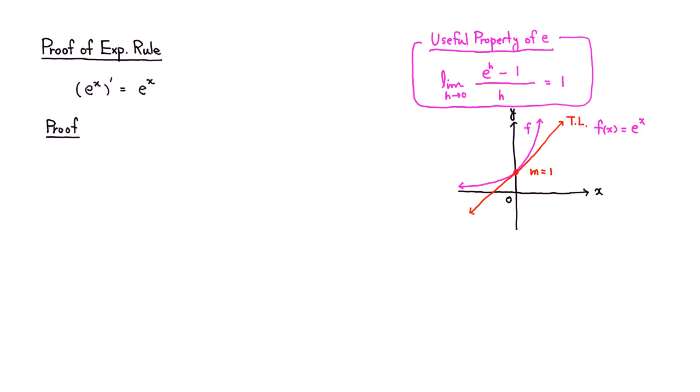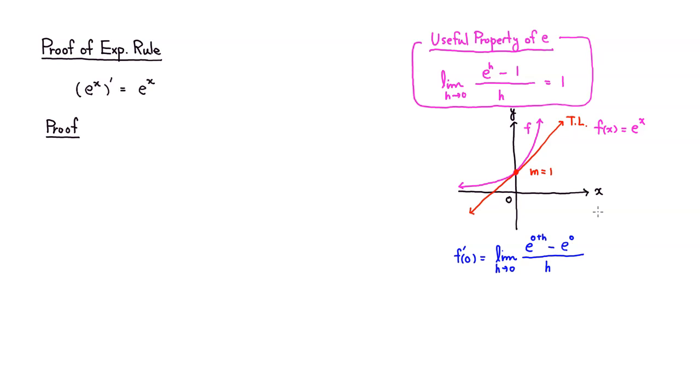If you want to find the slope, we need to take the derivative. So you have f prime, and we want the derivative at 0. Use the definition with h: the limit as h approaches 0 of f of 0 plus h, so e to the 0 plus h, minus e to the 0, all over h.